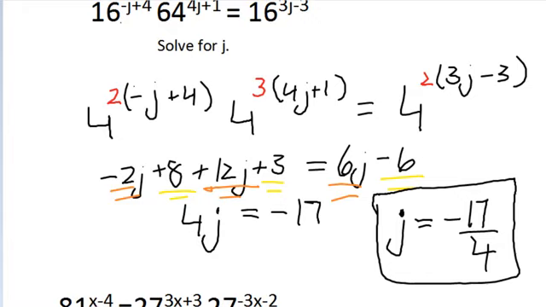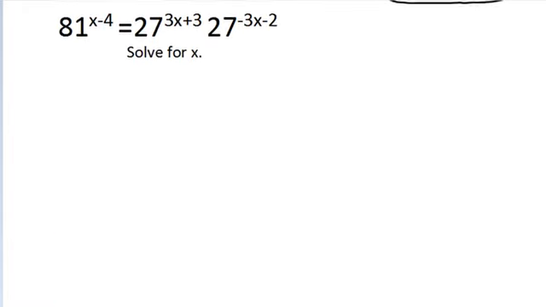So let's go down to our next example. We have, let's see, 81 to the power of x minus 4 is equivalent to 27 to the power of 3x plus 3. So the way we're going to solve that is, the common base for that is 3.